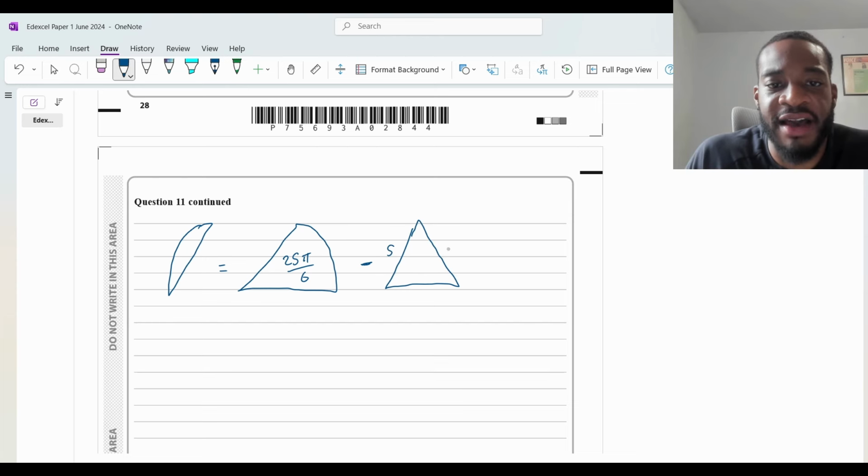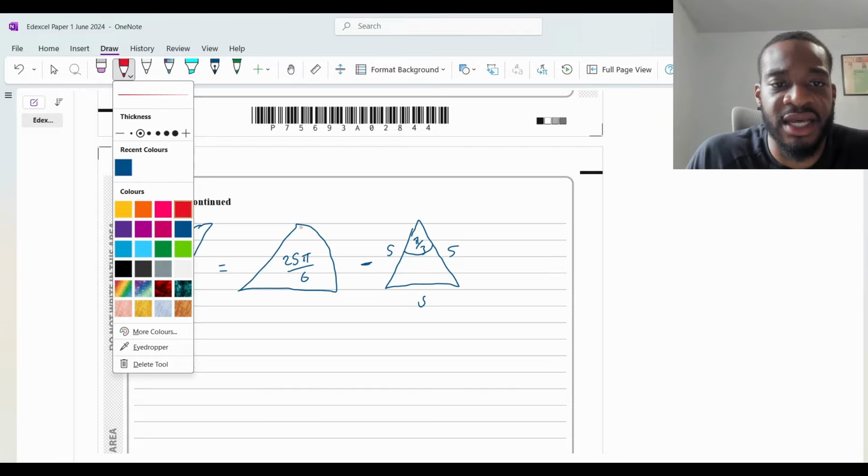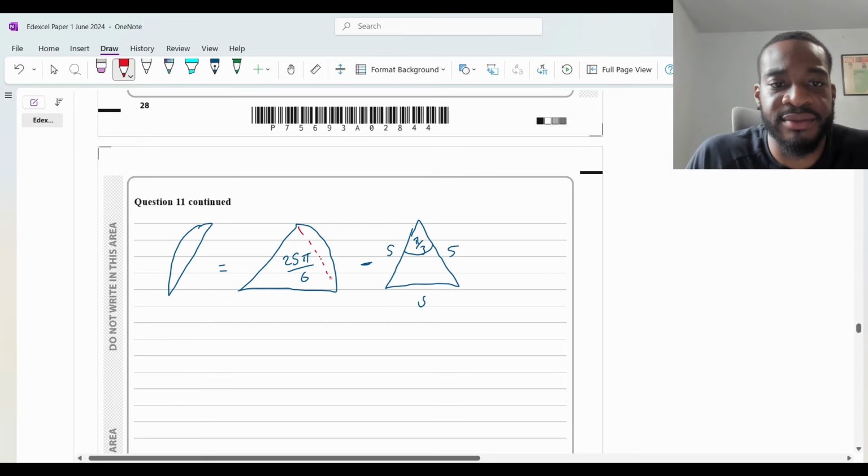And we know that this is 5, 5, 5, and that's pi over 3, isn't it? These are all pi over 3s. Now, the way I've written it, it's actually going to be this one I'm finding, but it's the same thing. So let me draw a dashed line like this, like that.